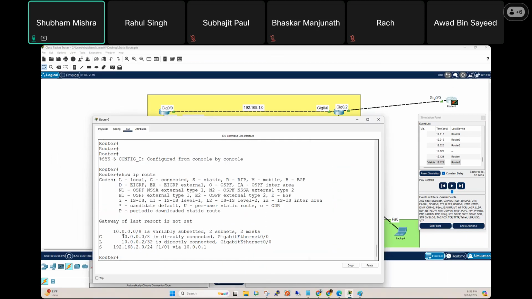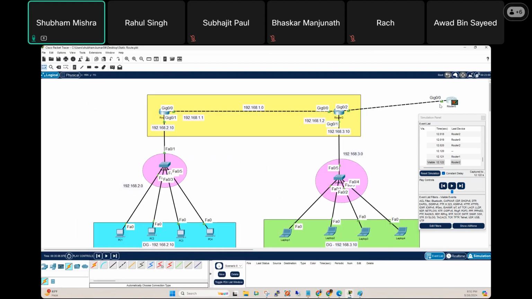Only 10 network and 2 network. Here 1 network and 3 network is missing. So when you ping from here to here, you are not able to ping, and when you ping from here to here, you are not able to ping. Understand? I hope your doubt is clear.